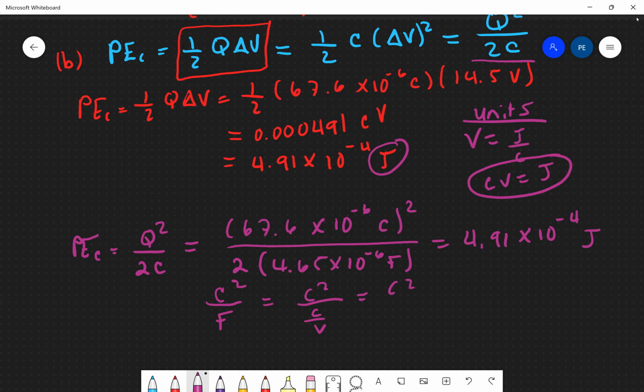This is coulomb squared times the volts per coulomb. This gives us a coulomb times a volt, which is equal to a joule, which is what we have here. So that's how you would solve that. And you can try the other equation if you like to see if you get a similar result.